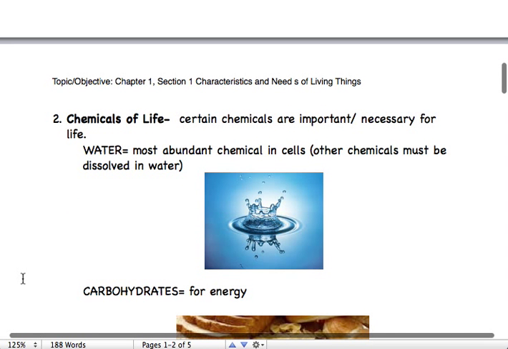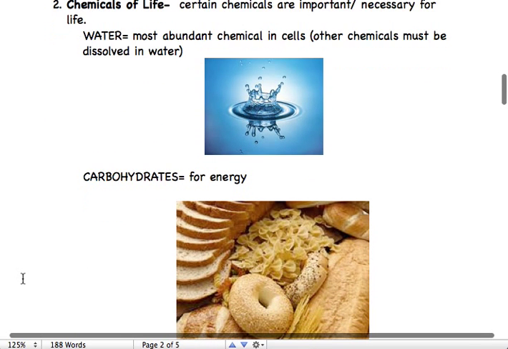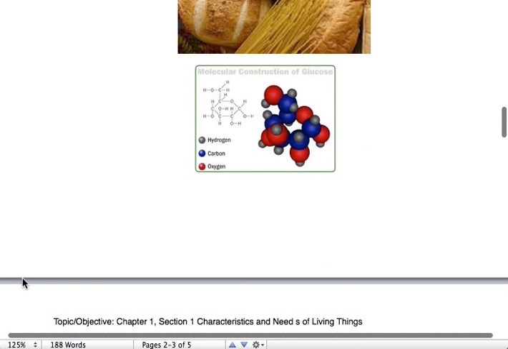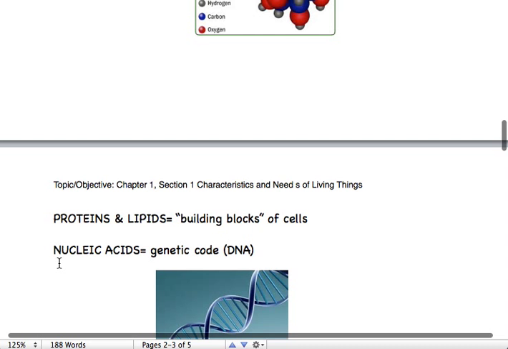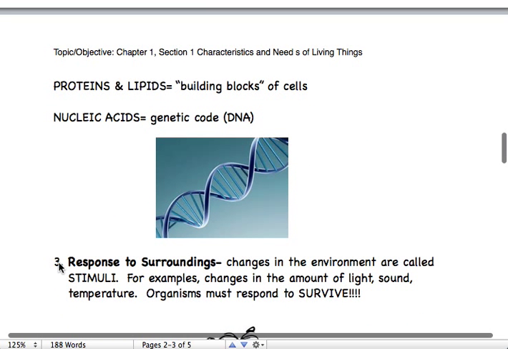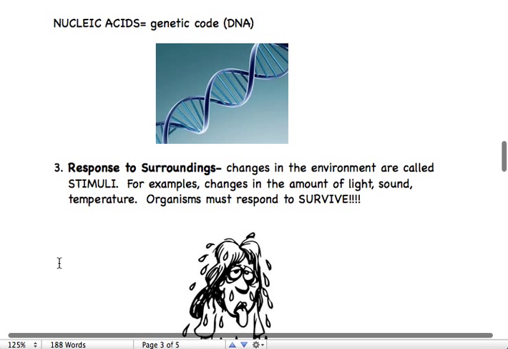First is water, the most abundant chemical in cells, and other chemicals must be dissolved in water. Then we have carbohydrates for energy, proteins and lipids, which are the building blocks of cells, and nucleic acids, which provide the genetic code. And you've heard of DNA, which is deoxyribonucleic acid.